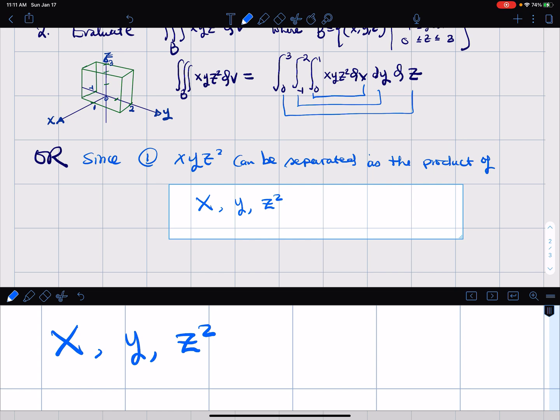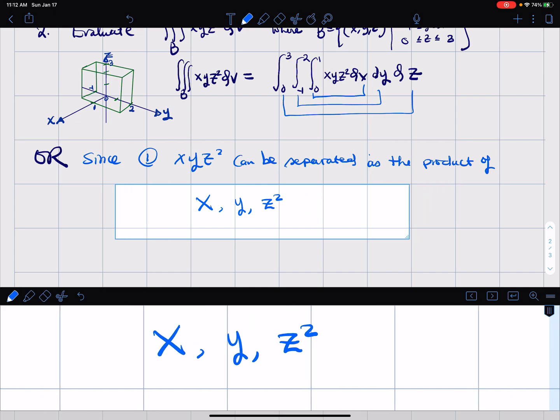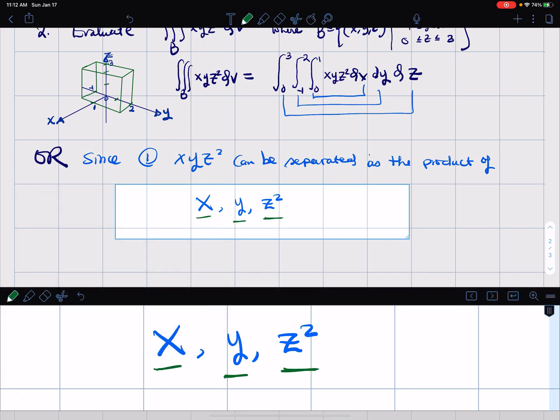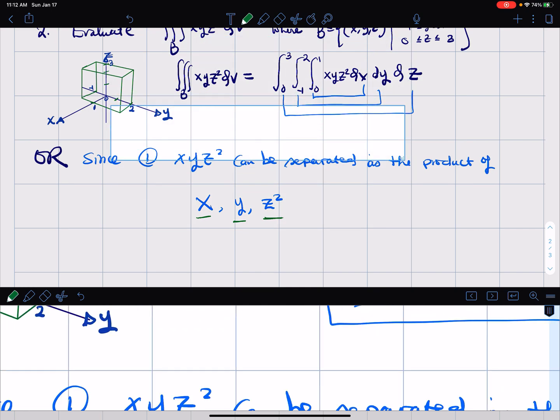In other words, it is a product of a function of just x, a function of just y, and a function of just z. We have this going for us in this problem.